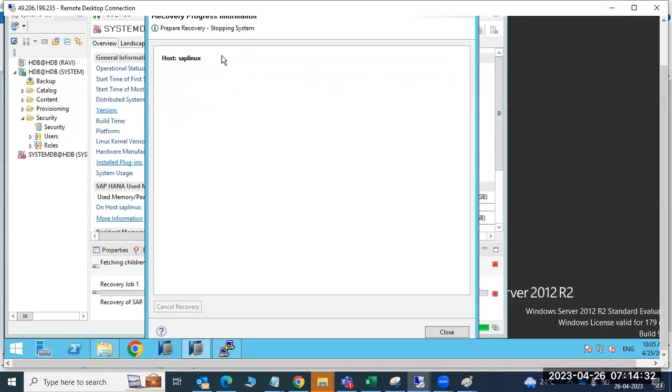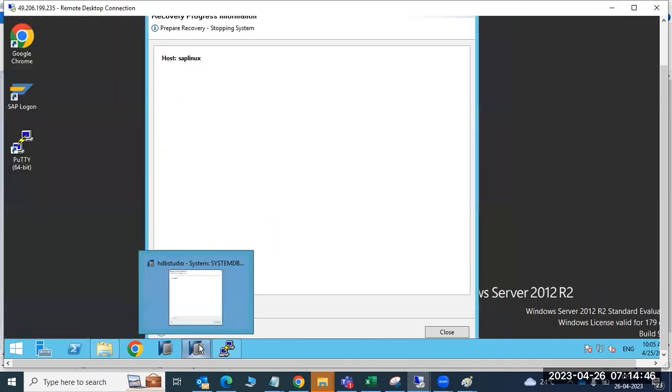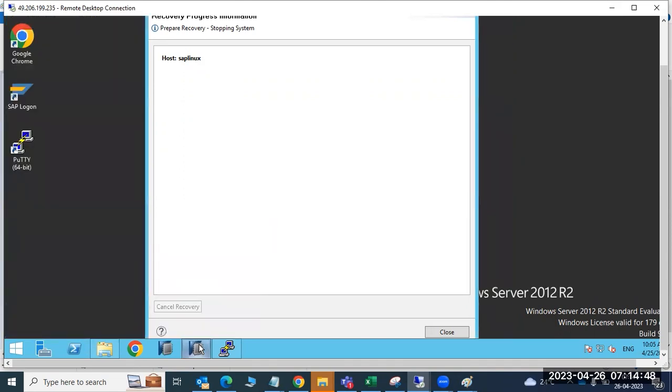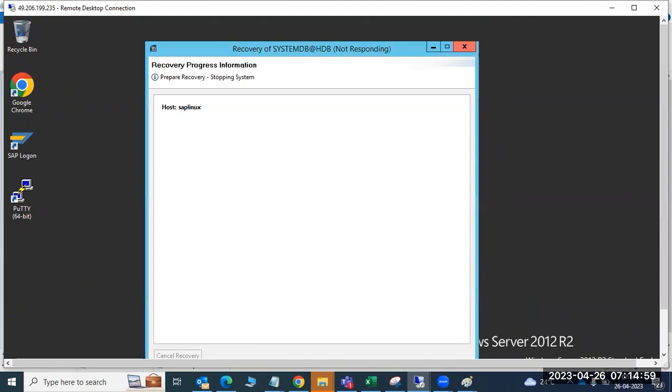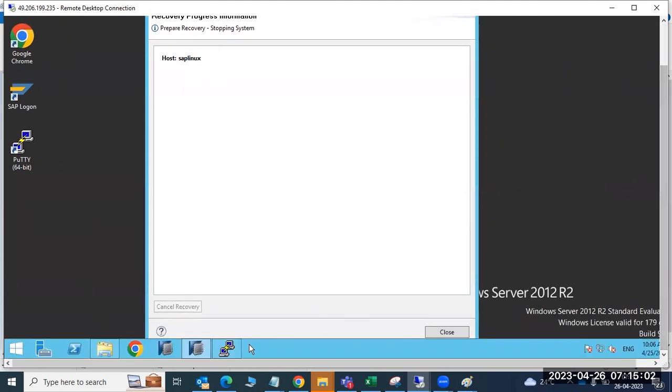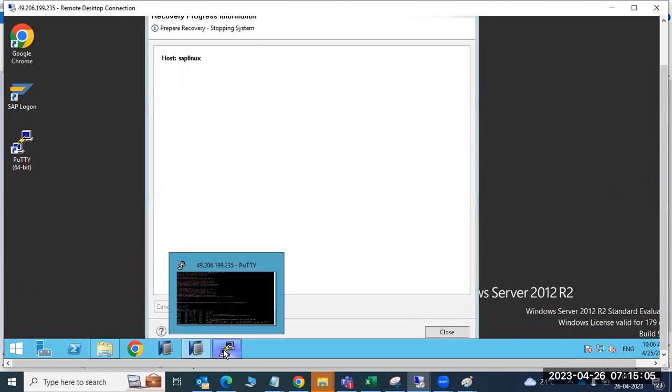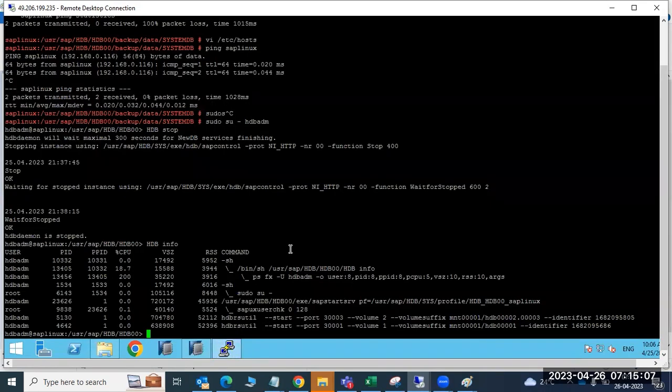Now we can see it is stopping the system, then it will recover it. It's a recovering job; the recovery job is running now. We can find the recovery details, everything, in the trace logs.